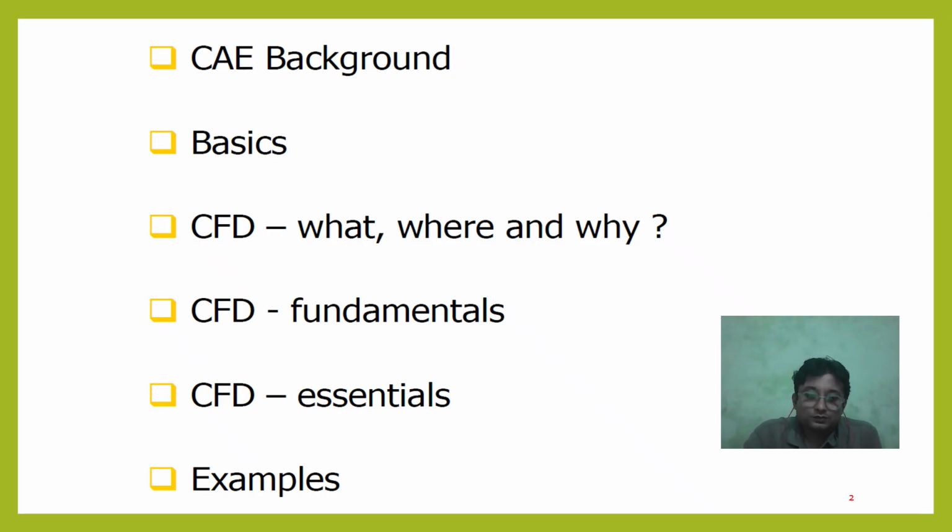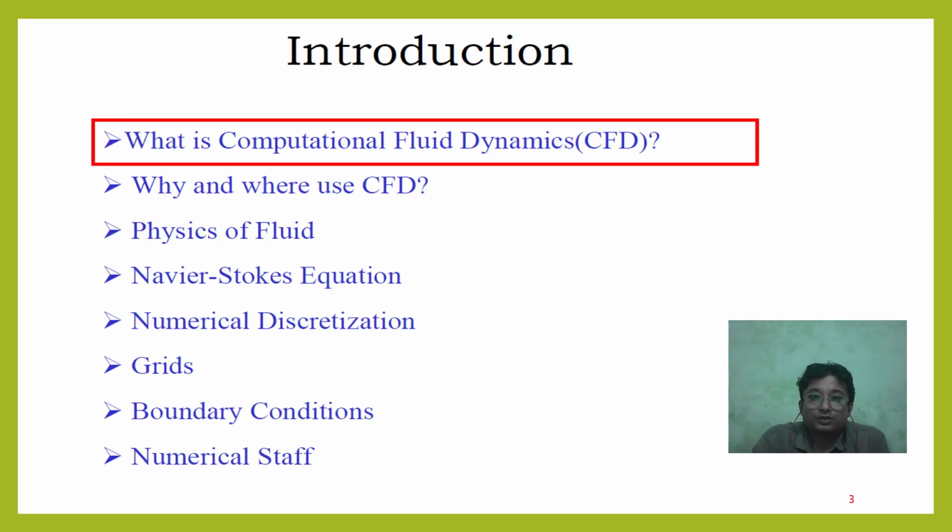Now, when we go into the introduction of this subject, we see that there are various components linked to it. What are those components? What is computational fluid dynamics? Why and where do we use CFD? What is the physics of the fluid that is considered in computational fluid dynamics?